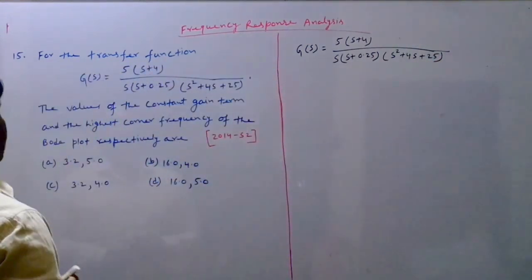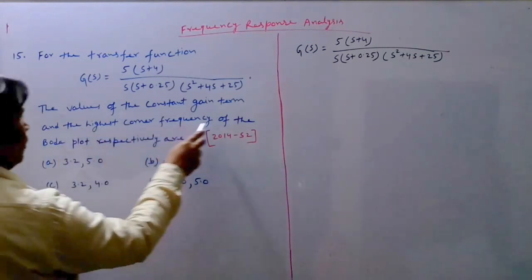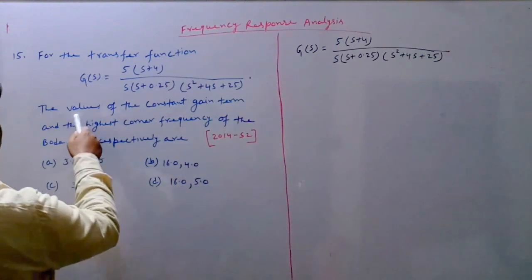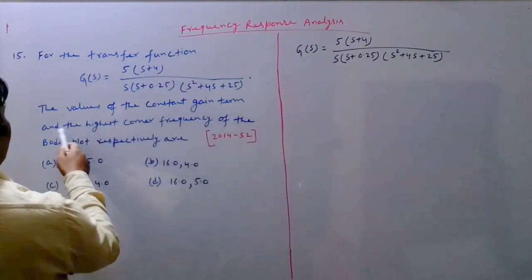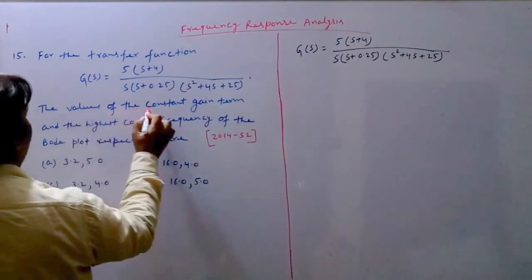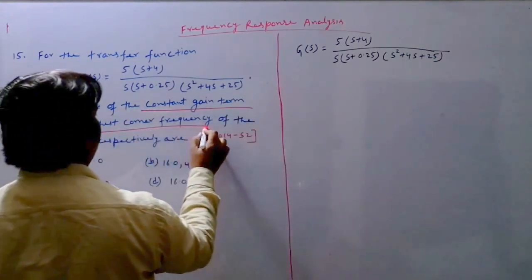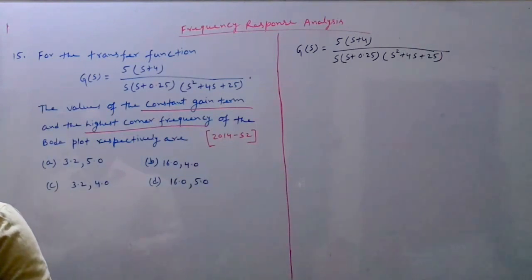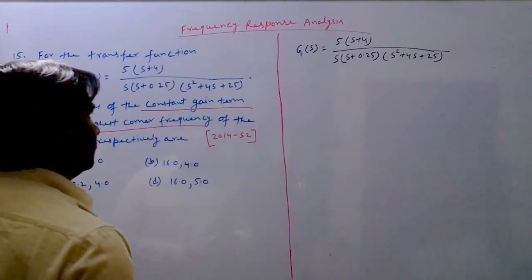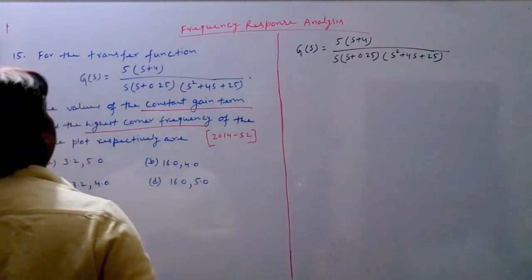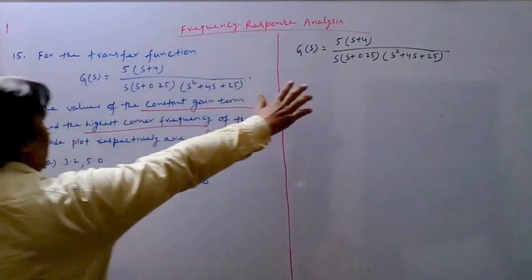Now the question is asking about the constant gain term and the highest corner frequency of the Bode plot. So here, what will be the constant term?